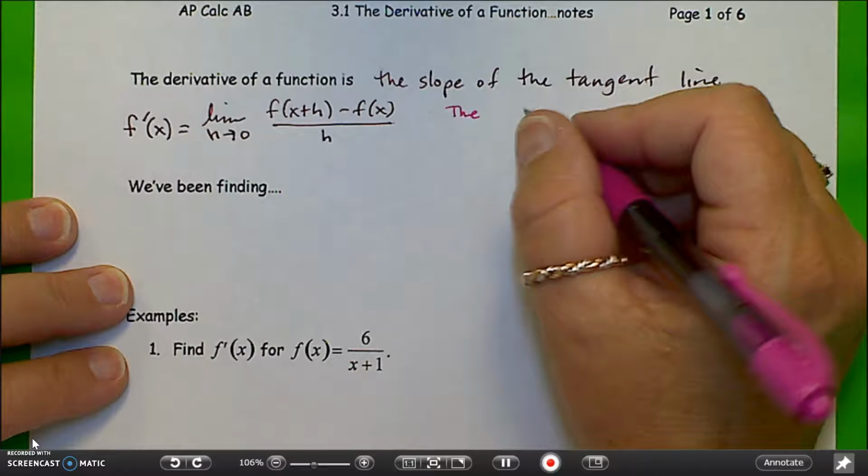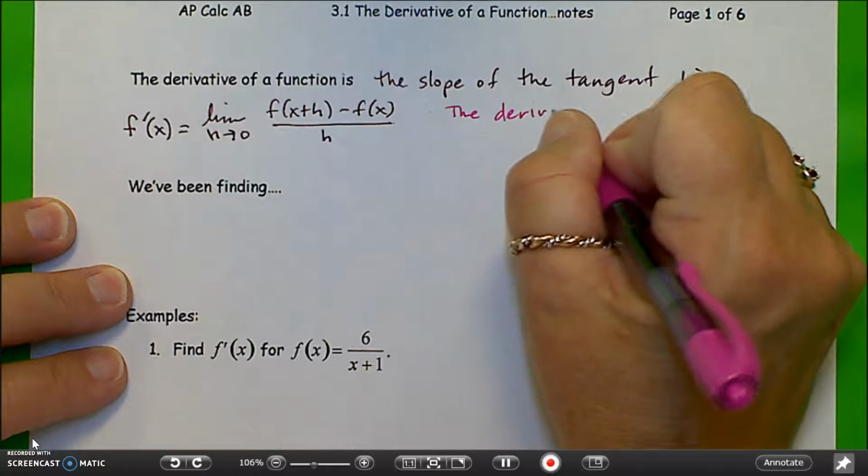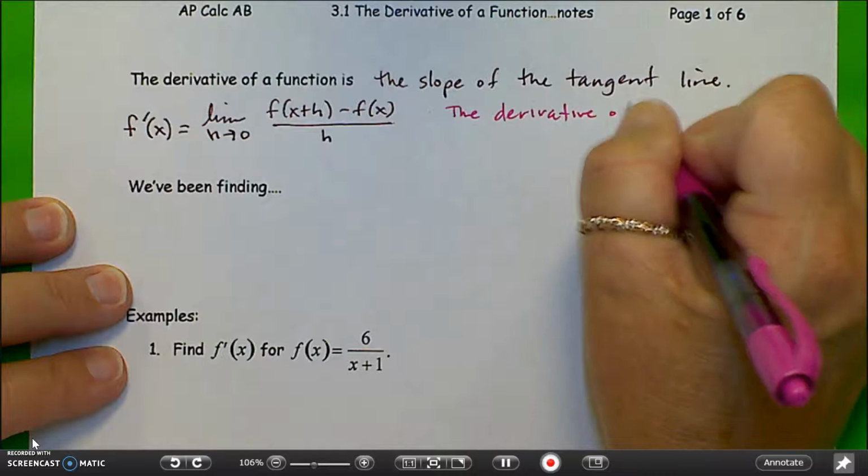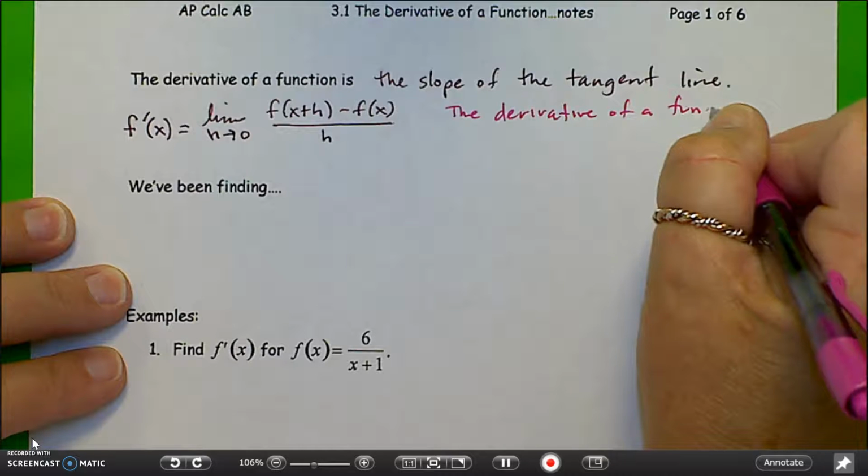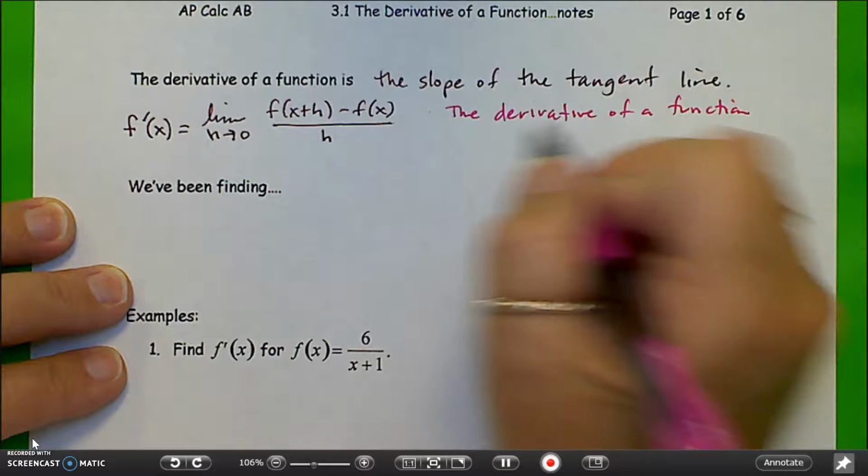And so what you would get here is the derivative of a function with respect to x, which just means there's an x in the answer.